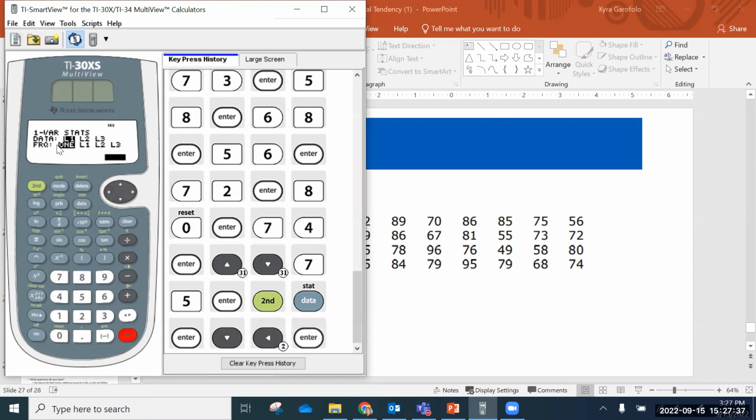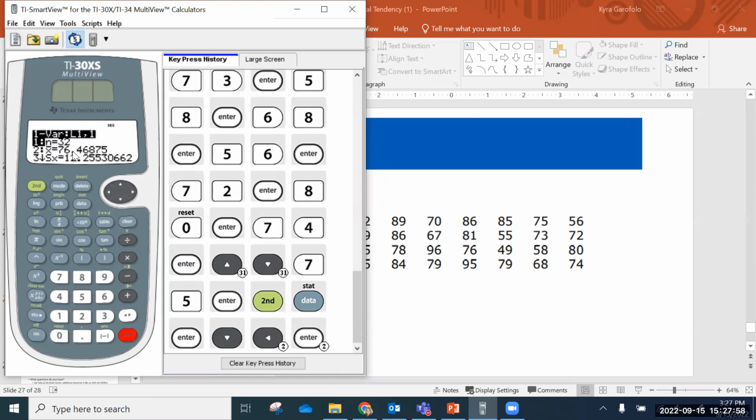Unless you have a frequency distribution, you want L1 and 1. Because this is saying, hey, I have a frequency over here. This is saying, hey, only my numbers, I put them in as they are. It's just a list of data. Don't duplicate anything beyond what I've already duplicated.